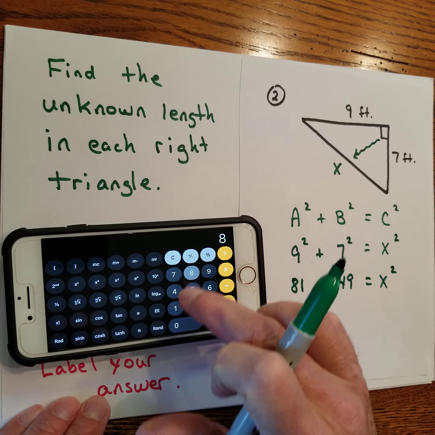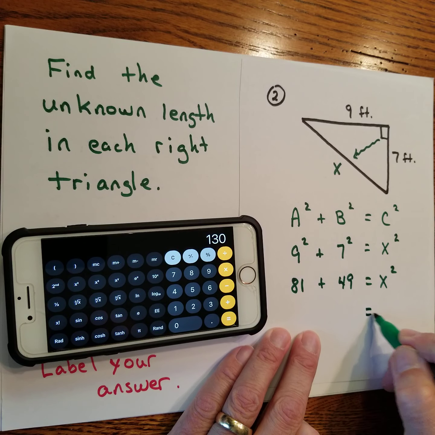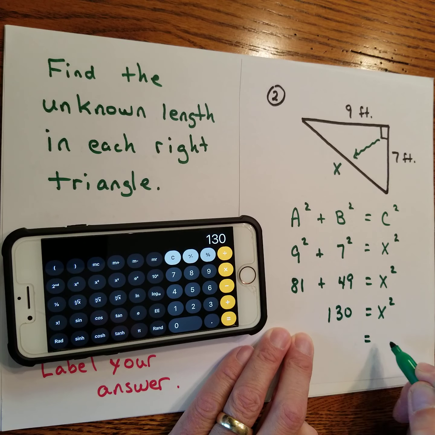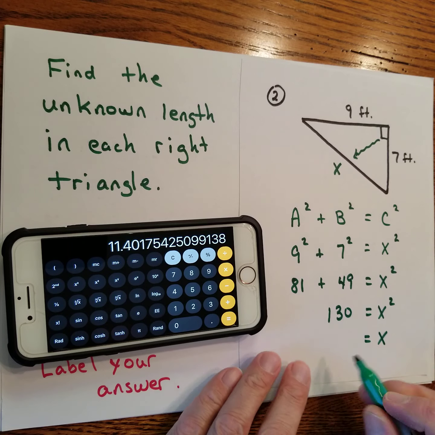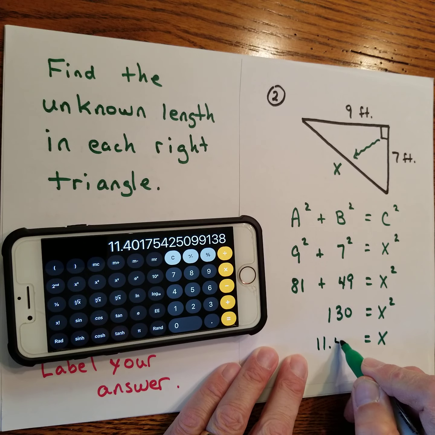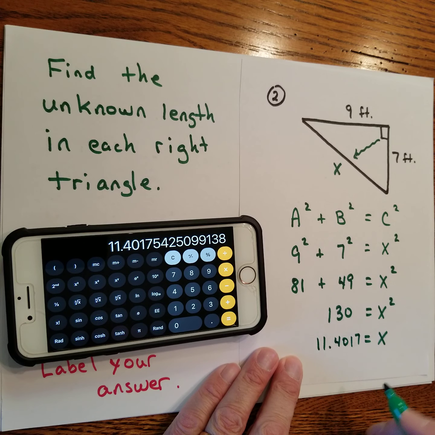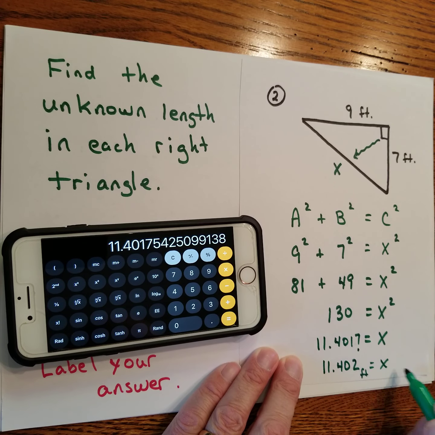Let's add 81 to 49. Then take the square root, and round it to the nearest thousandth. Since this number is large, we'll round that up to 11.402. That was in feet.